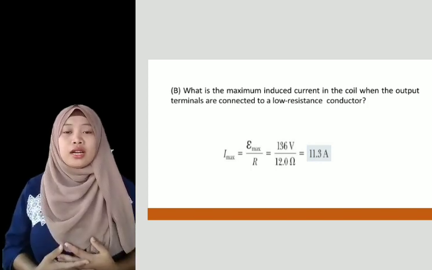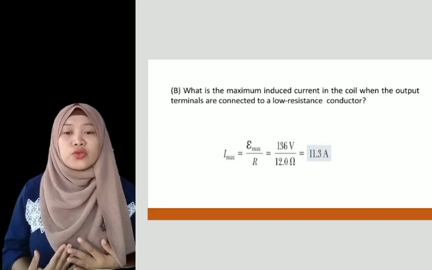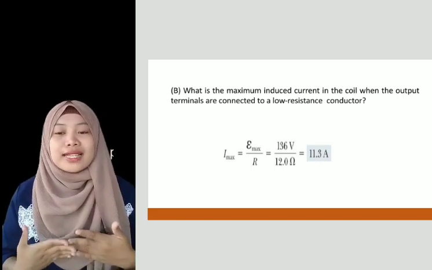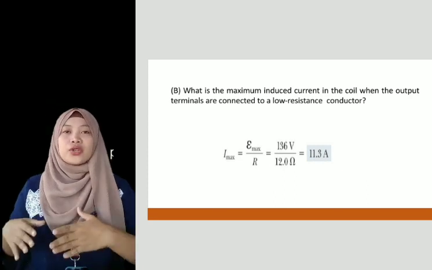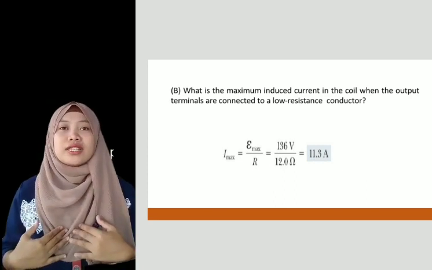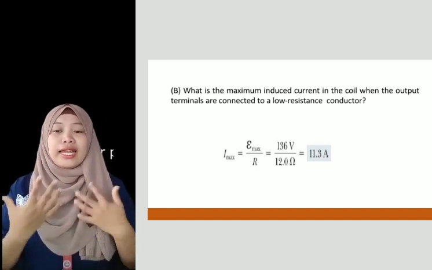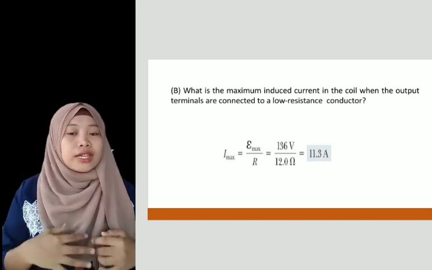To the example number 2, which is what is the maximum induced current in the coil when the output terminals are connected to the low resistance conductor. So, ang equation na magagamit natin is yan, nakikita niyo yung Imax equals to mathematical Emax over the R, yung tinatawag natin na resistance.